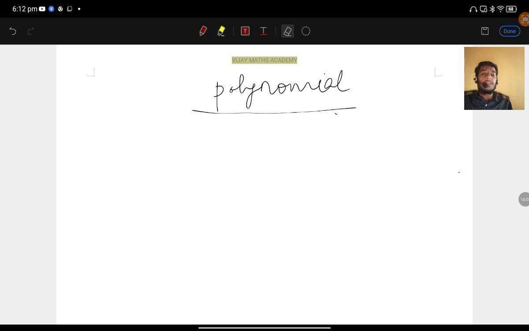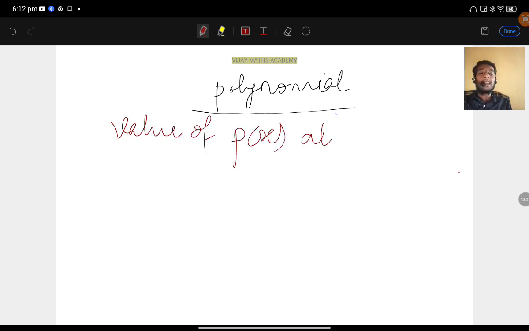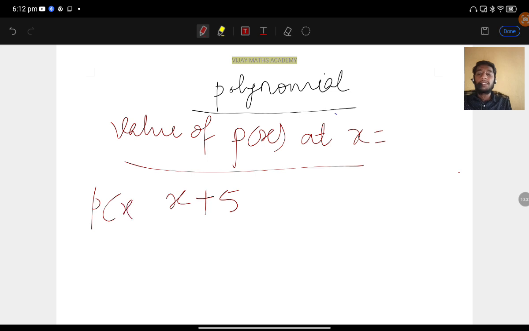Next, the value of p of x at x equals k. Let us take some examples. Now, I will take one example, that is p of x is equal to x plus 5. I suggest put x equals 1.